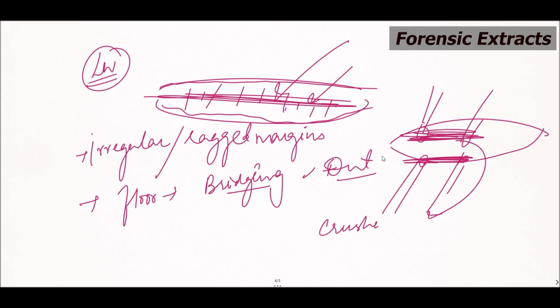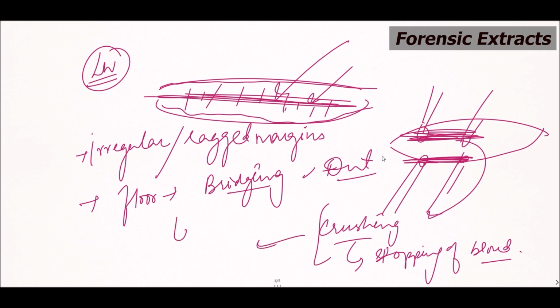This crushing leads to stopping of blood in the vessels. So there is less bleeding as compared to incised wounds, because the ends of the vessels are crushed in cases of lacerated wounds and they are produced by blunt force.